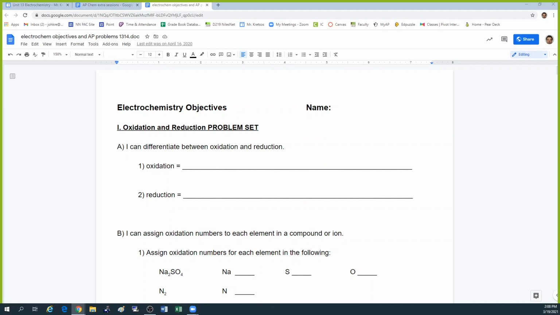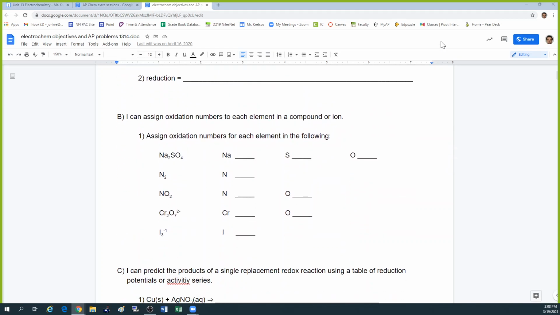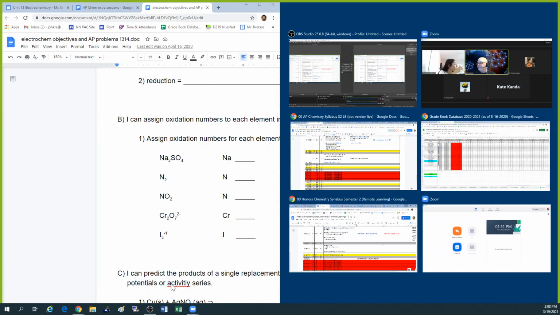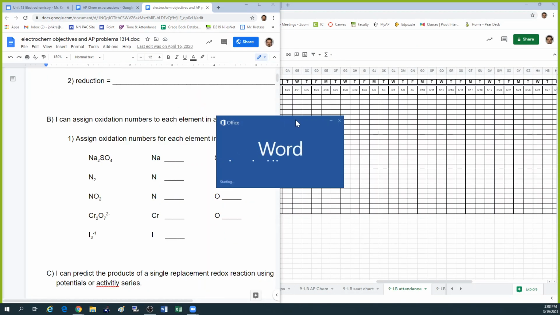It's just what's transferring is different. Hydrogen ions are transferred in acid-base reactions. Here it's electrons transferring. So as far as what that looks like, we have learned, hopefully, and will now be reminded of, how to assign oxidation numbers.